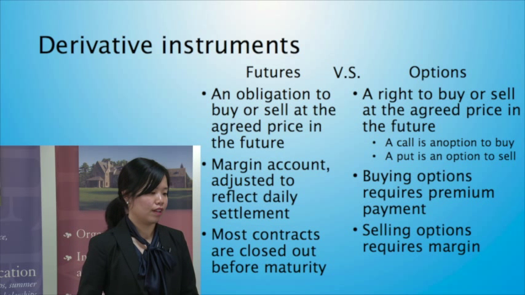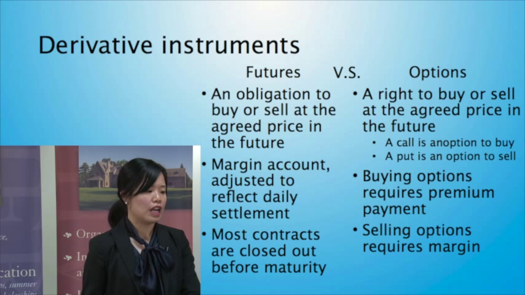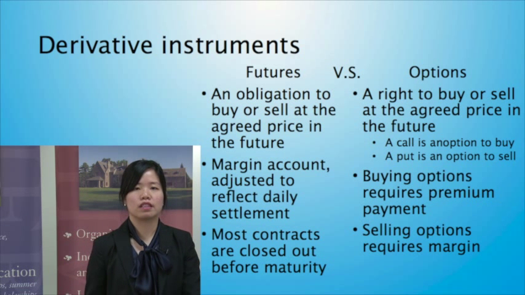And the tricky thing here is, your margin account is adjusted market to market to reflect the daily settlement. So you agree to buy the gold at $1,300 next year in February, for example. But tomorrow, the price goes down.